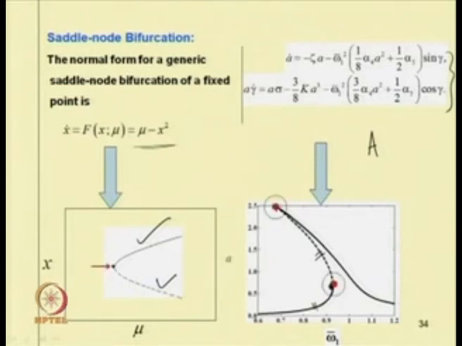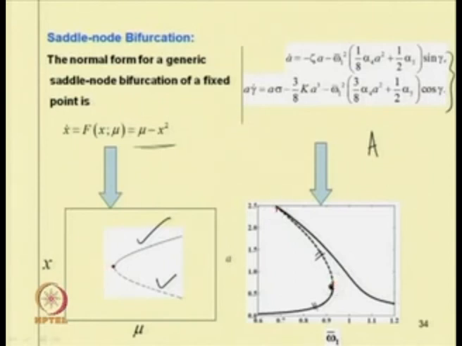The stable and unstable branch meet at this point. One can see the slope at this point is the same for both the stable and unstable branch. So this point is a saddle node bifurcation point.